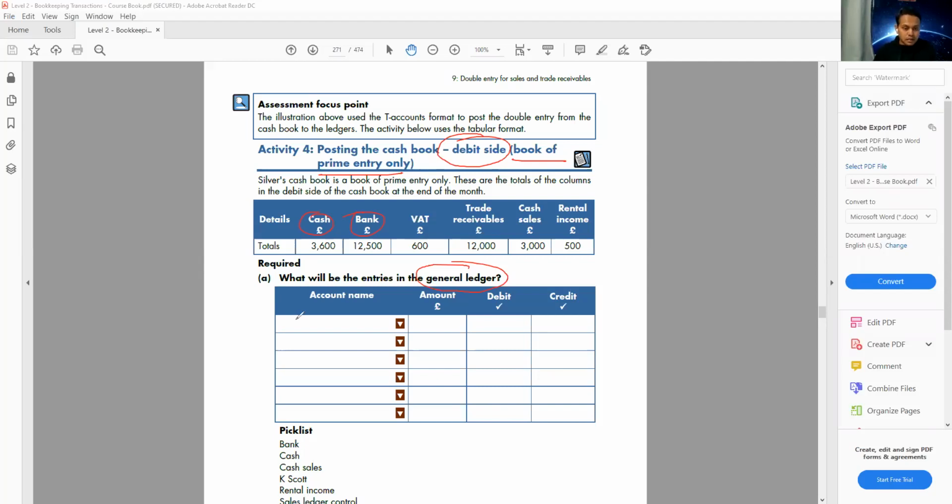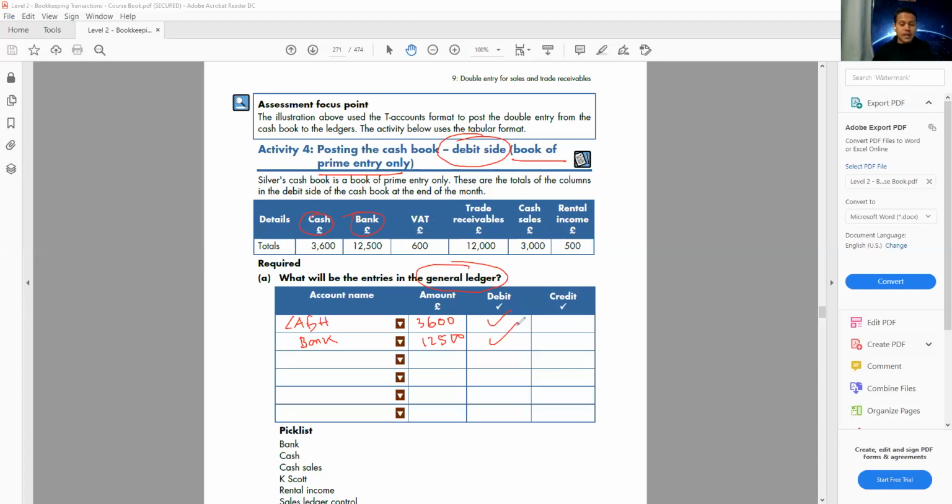Cash and bank are our assets. As it is the debit side, that means money into the business, and that will be our debit. Very well done, Tamir. Very well done, Amand. So that will be our debit.